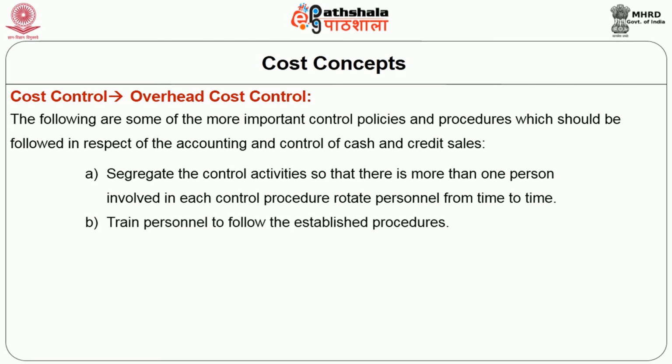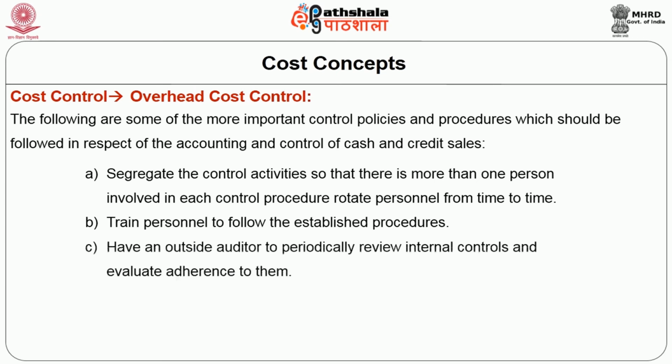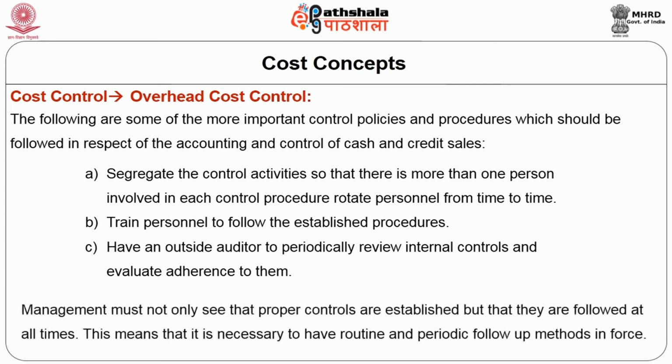Train personnel to follow the established procedures and have an outside auditor to periodically review internal controls and evaluate adherence to them. The important thing to remember is that management must not only see that proper controls are established but that they are followed at all times.